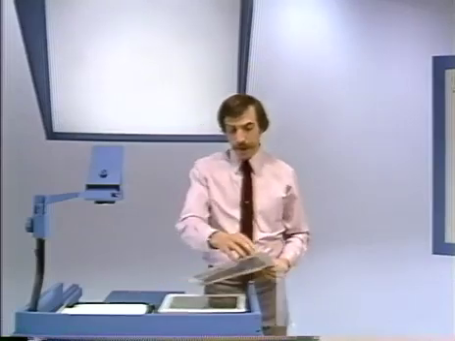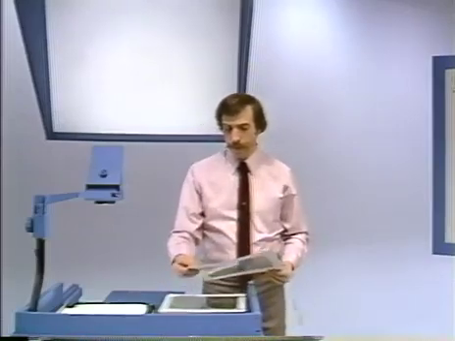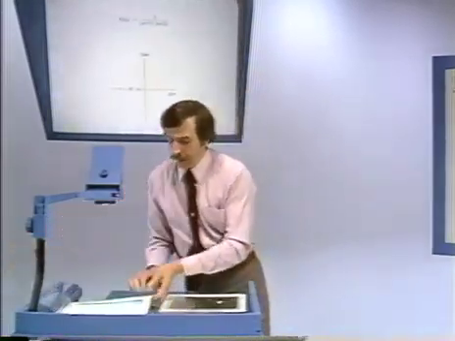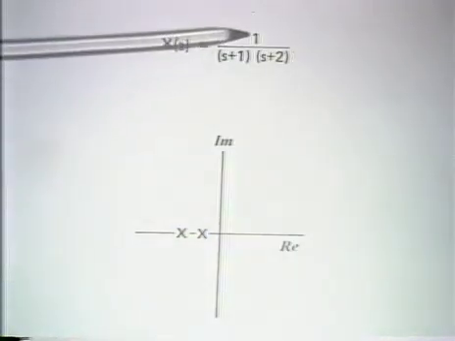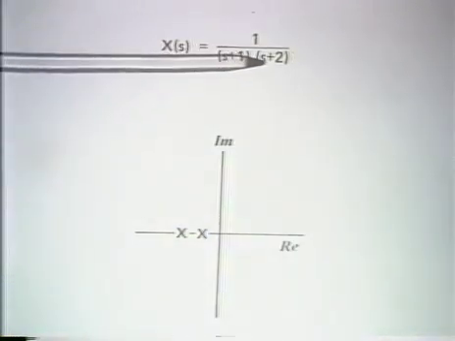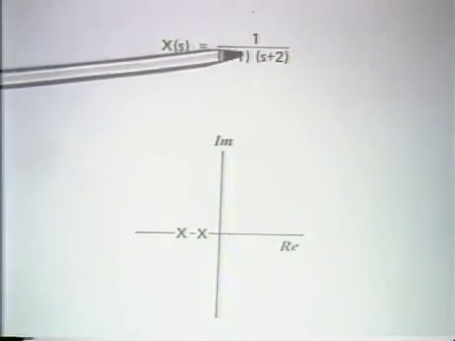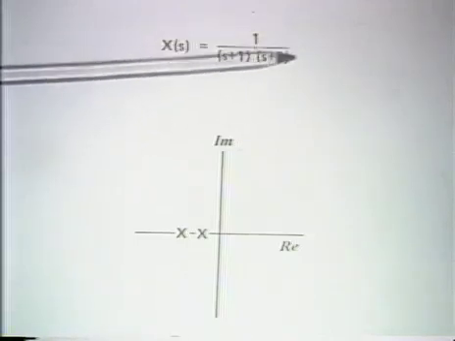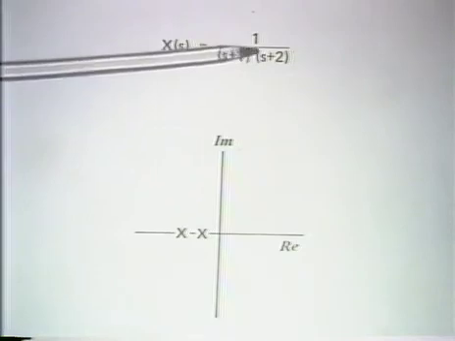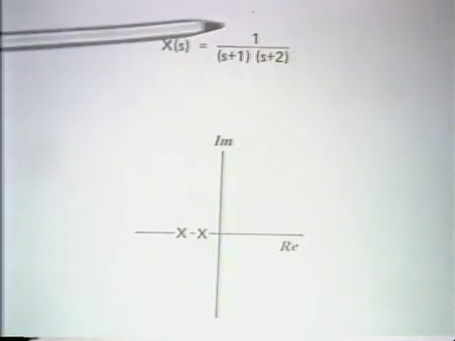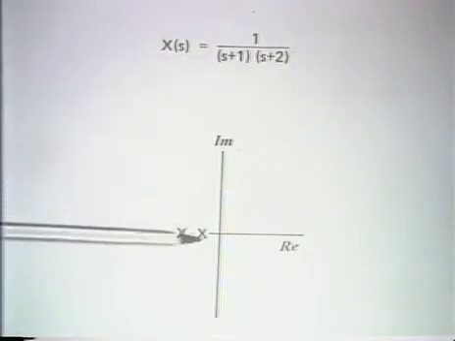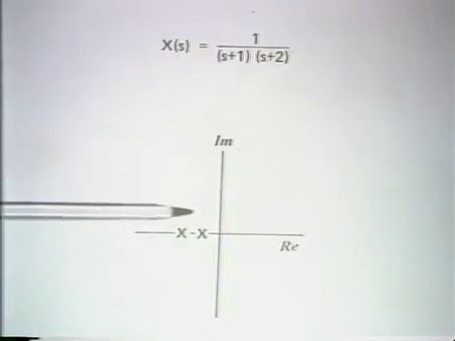Well, let me emphasize some of those points a little further. Let's suppose that I have a Laplace transform that is a rational function, which is 1 over s plus 1 times s plus 2. Then the pole-zero pattern, as it's referred to in the s-plane, the location of the roots of the numerator and denominator polynomials, of course there is no numerator polynomial, the denominator polynomial roots, which I've represented by these x's, are shown here.